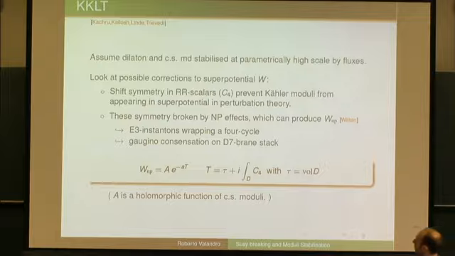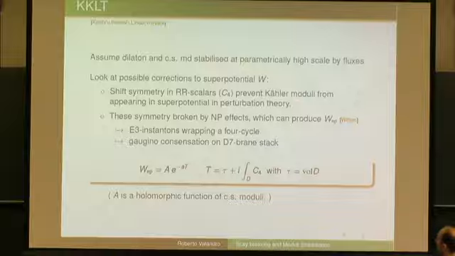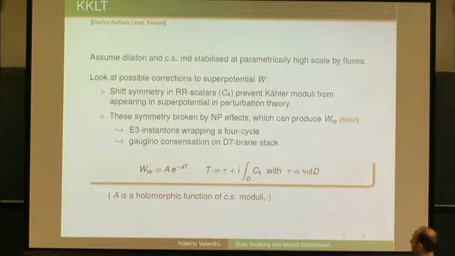So we have to look at a possible correction to the superpotential W. Now, because of shift symmetries of the Ramond-Ramond scalar C4, this prevents the Kähler moduli, that include C4 in their definition, from appearing in a perturbative way in the superpotential. And so we have to look at the non-perturbative effects.